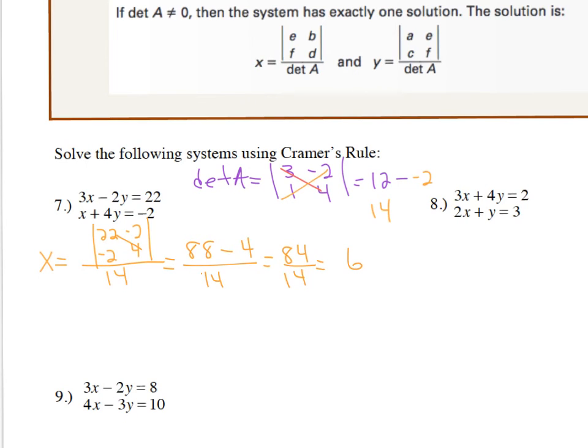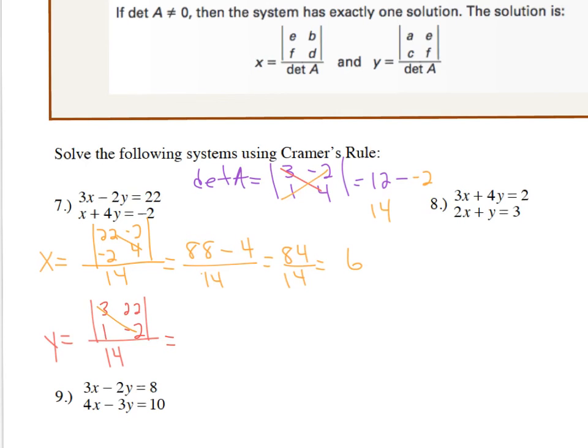And then to find y, again, our denominator is 14. Remember, when we're finding y, we're now going to substitute the coefficients of y. So instead of negative 2 and 4, we're going to put 22 and negative 2 in that column. But we will keep the 3 and the 1 this time.